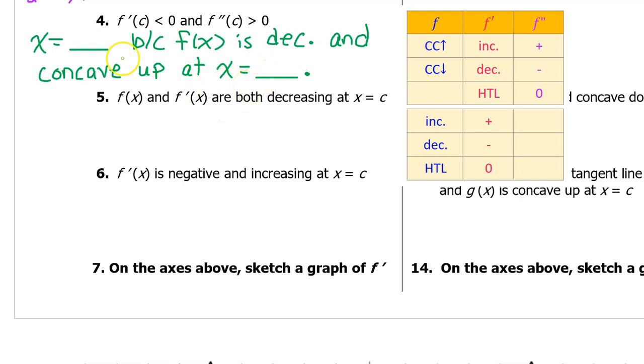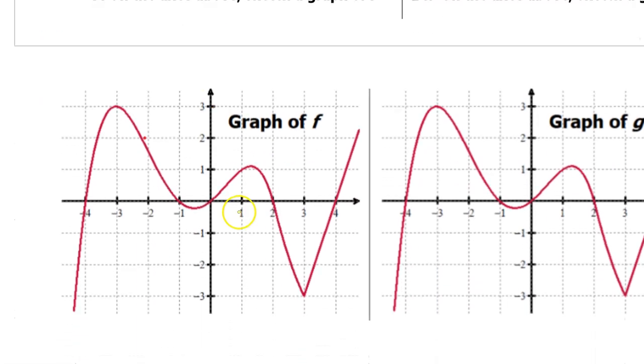Now let's glance at the graph and find where f is decreasing and concave up. I've got a copy of the graph down here. So let's see. F is decreasing on this interval and this interval. The portion of this that is also concave up is this part right here.